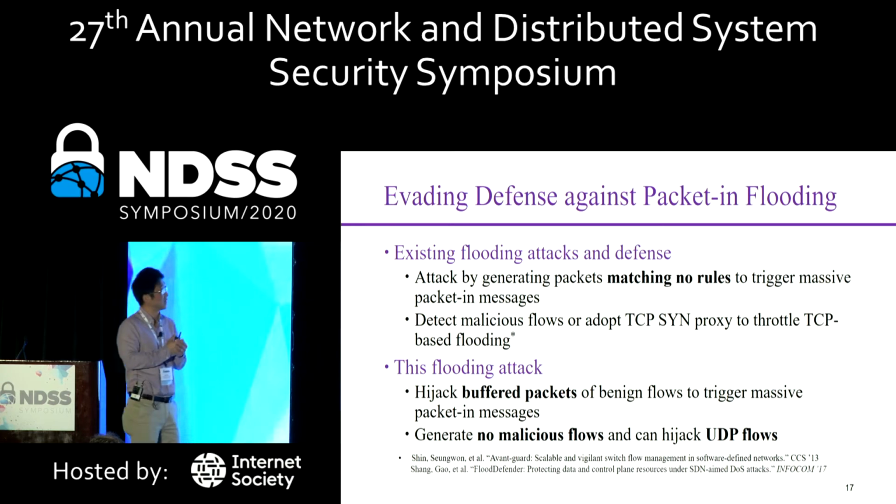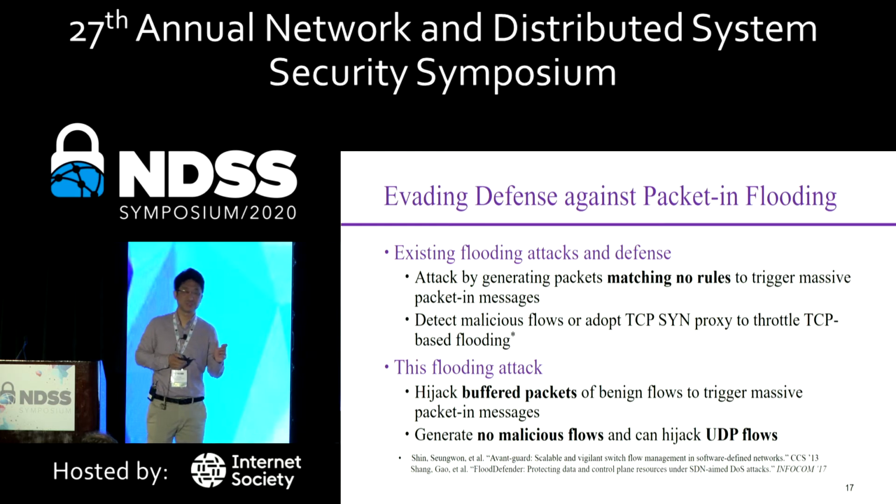Previously, for this kind of attack, the idea is to generate packets that match no rules in the current flow table, so they trigger a large number of packet-in messages.